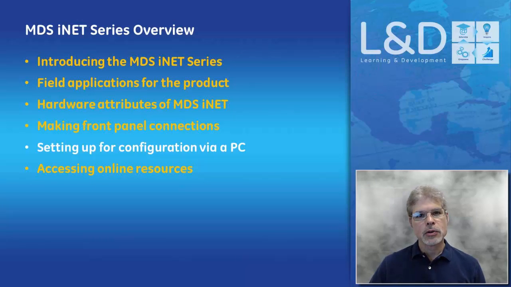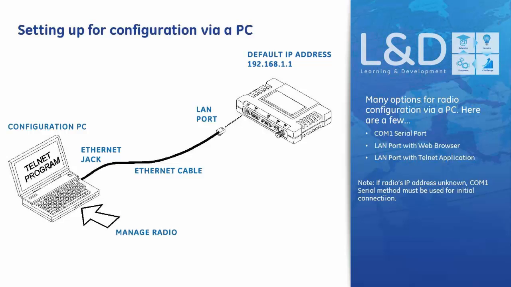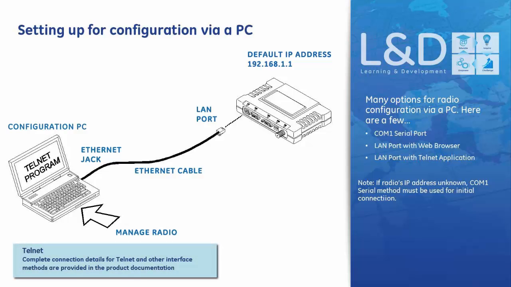There are no manual controls or adjustments on the radio, and all configuration is done via a connected PC. Next, we'll cover how to launch a management session and prepare the radio for configuration. There are several ways to connect to the radio, including serially through the COM1 port using a console session, through the LAN port using a web browser, or through the LAN port using the Telnet application.